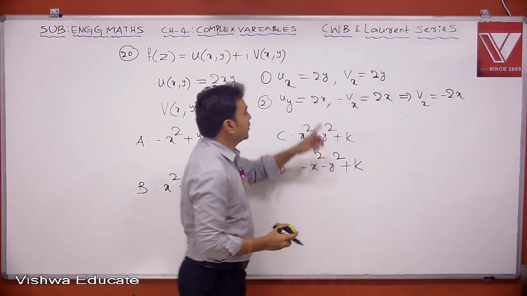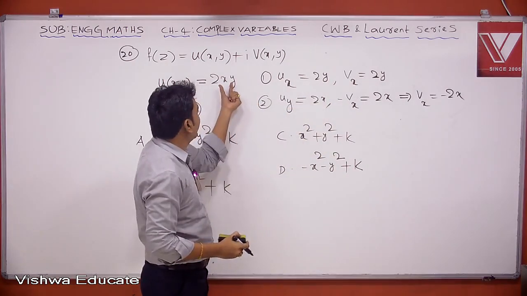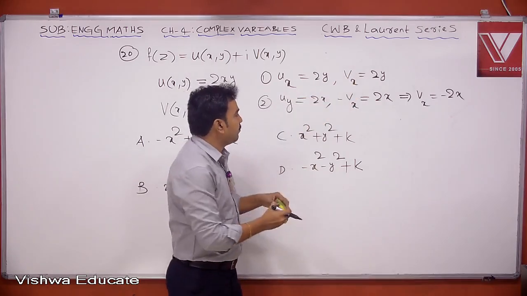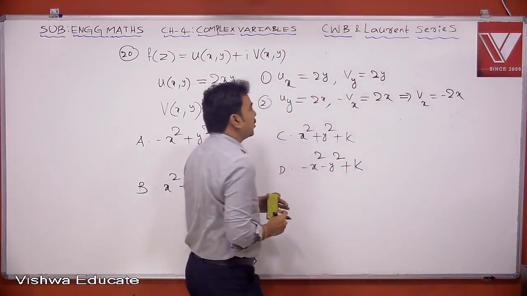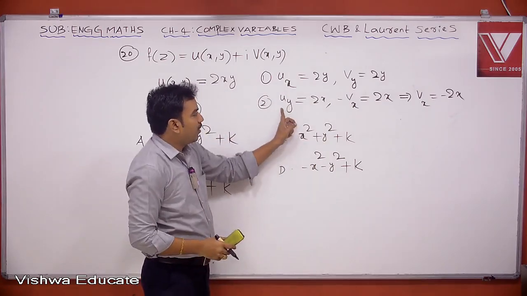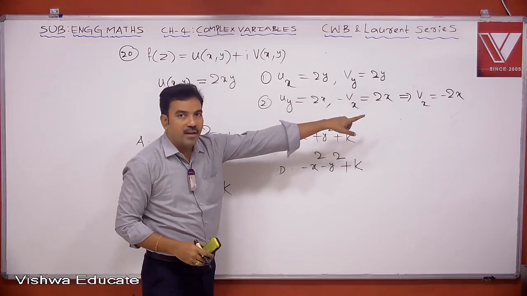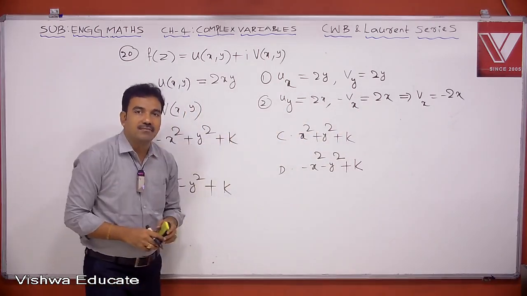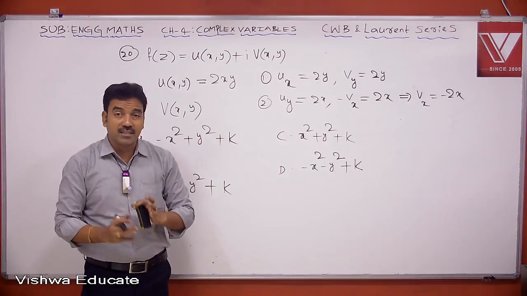In the first CR equation, ux must be equal to vy, and ux is 2y, so vy is 2y. uy must be equal to minus vx, therefore vx equal to minus 2x. In the second CR equation, the minus symbol must come extra, but in the first CR, both must match exactly.